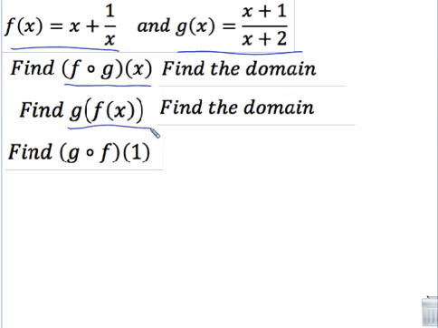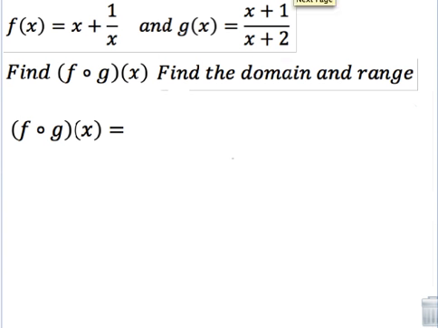This is just another way to write out composite functions. In this case, the formula f of x will go into the g of x formula. And then finally, we'll find g of f of 1. So let's go ahead and get started.